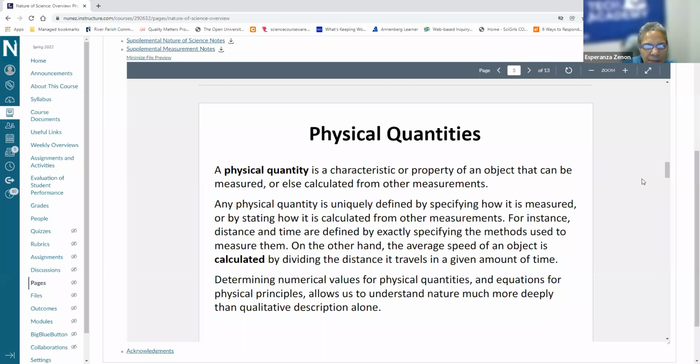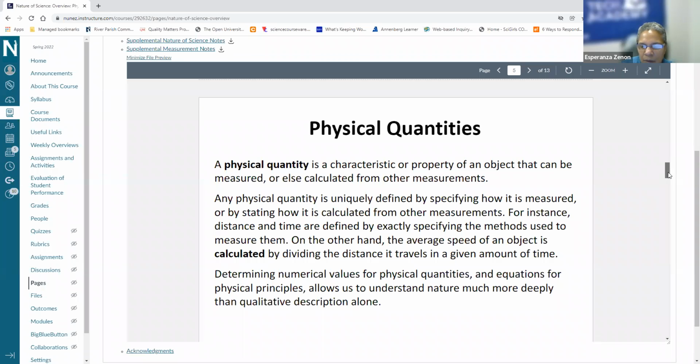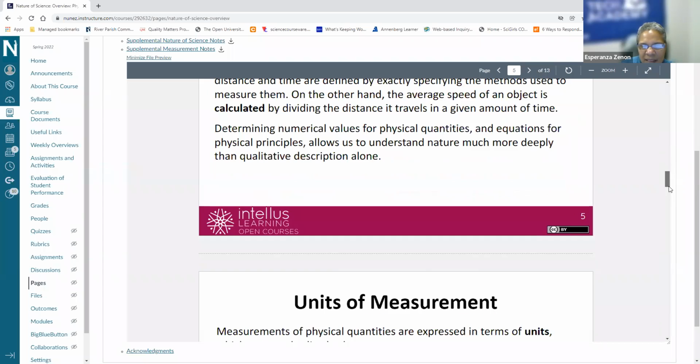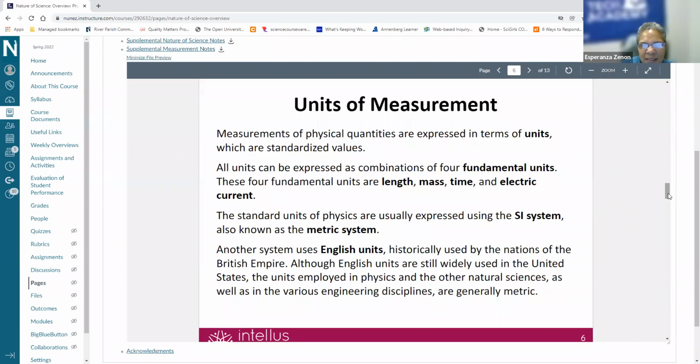I always tell students, that's what this course is about: our understanding of physical properties and quantities in our environment. And for us to do that, we have to have measurement.